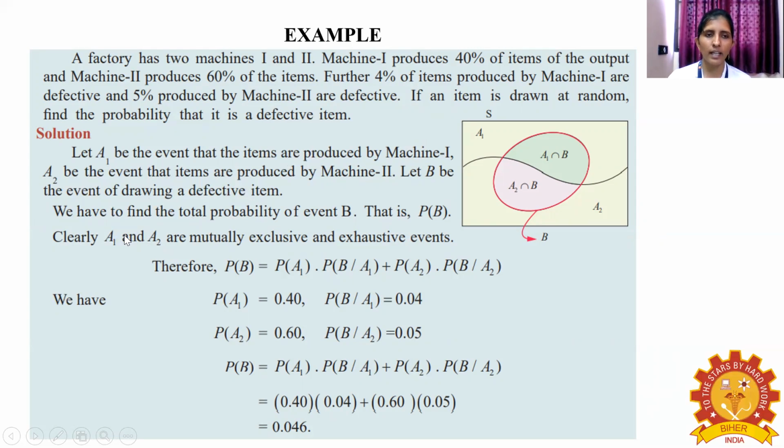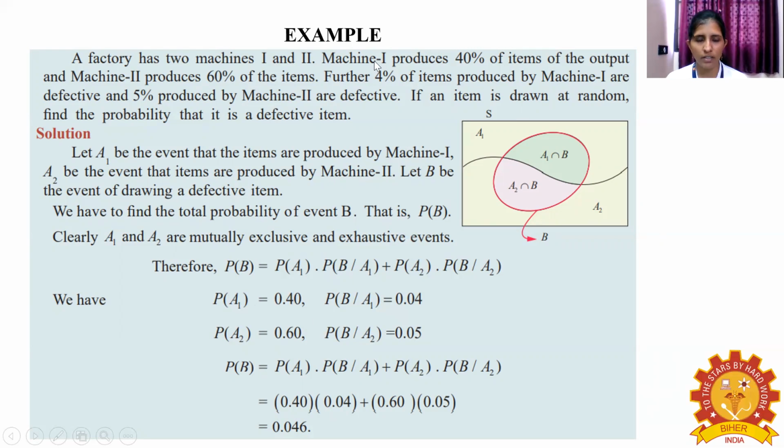Okay, so we can see that A1 and A2 are mutually exclusive and exhaustive events. So we give the formula here. Based on the given formula, P of A1 is equal to 0.40, since it is 40%, we divide by 100, so we get 0.40, and P of B by A1 is equal to 0.04.